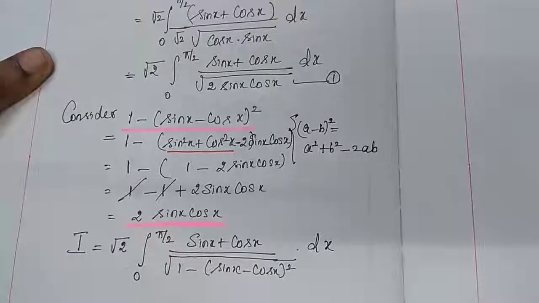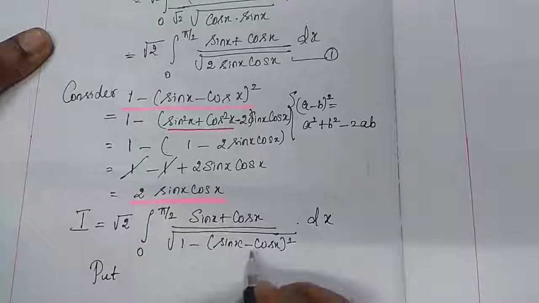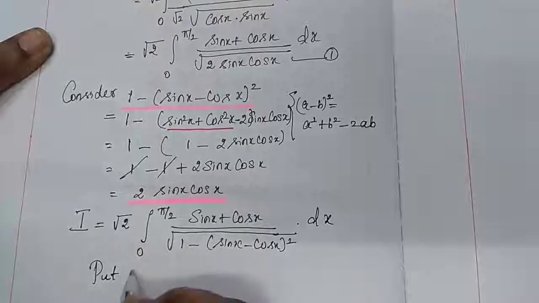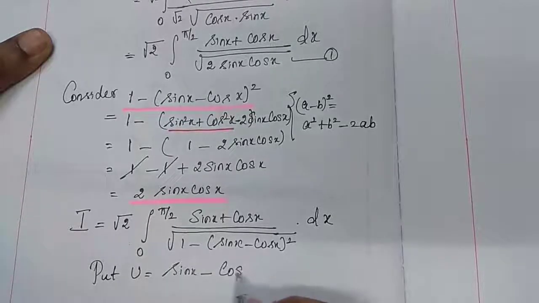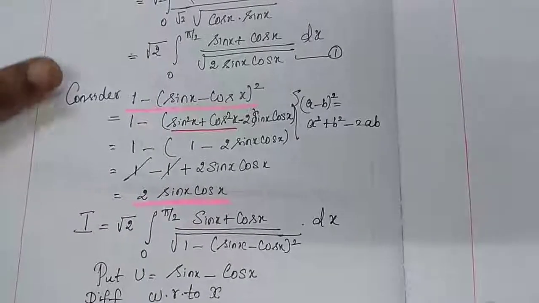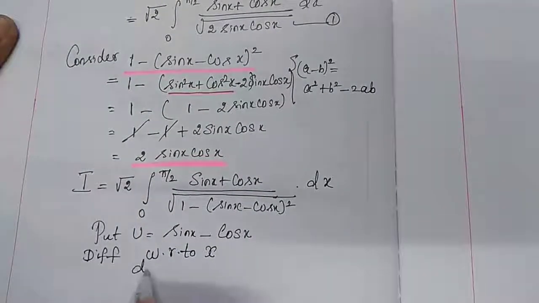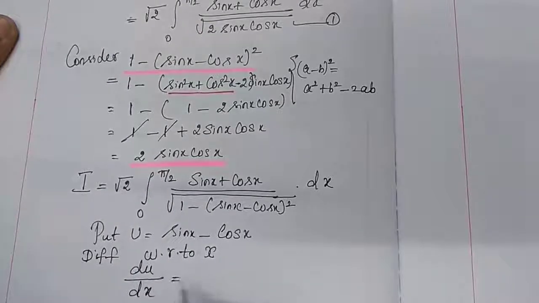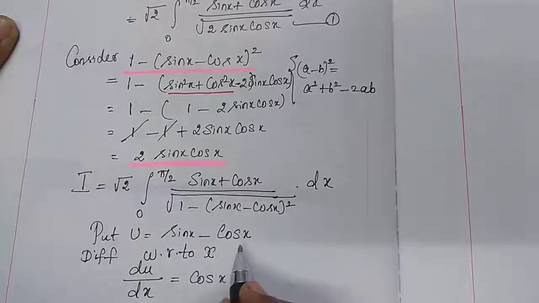Now we substitute u for the term sin x minus cos x, that is, u is equal to sin x minus cos x. Differentiating with respect to x, we get du by dx equal to the differentiation of sin x, which is cos x, and the differentiation of cos x, which is minus sin x.